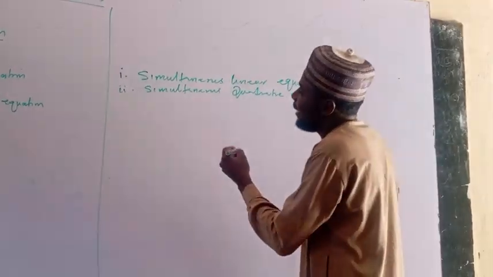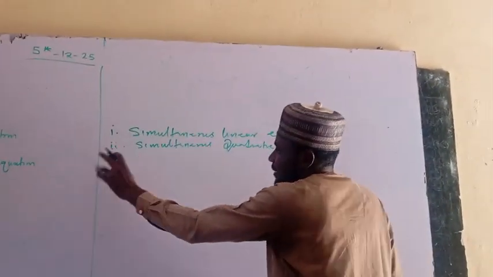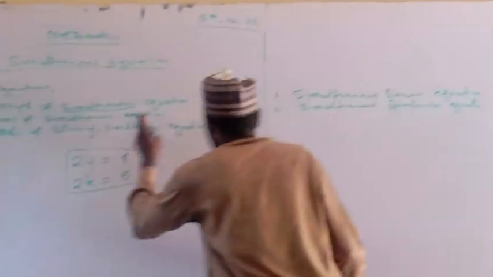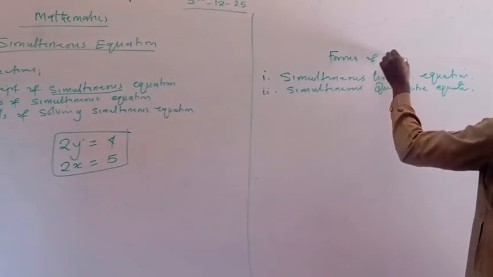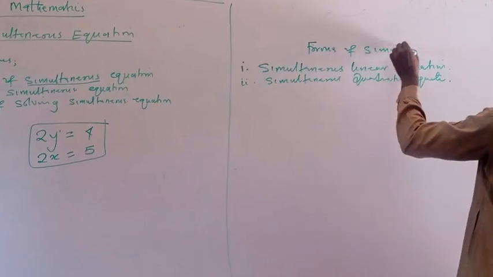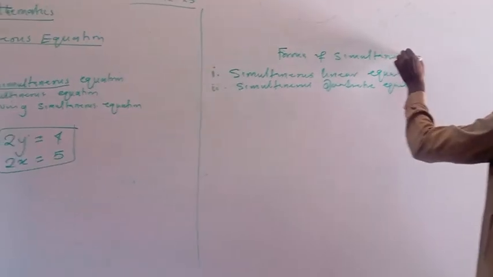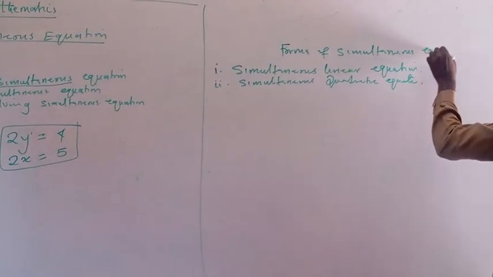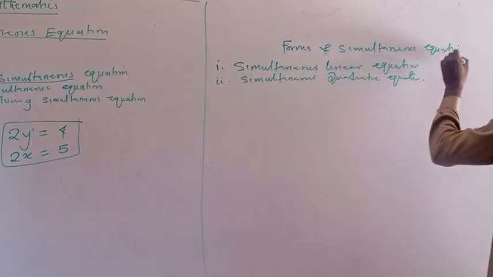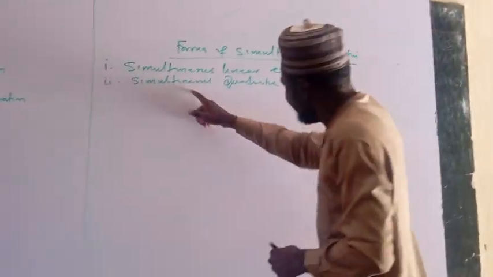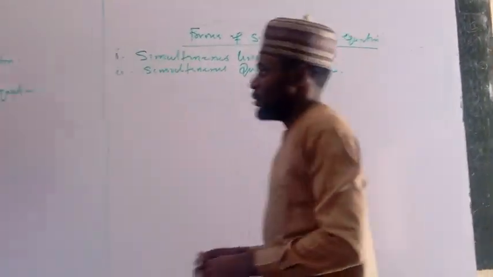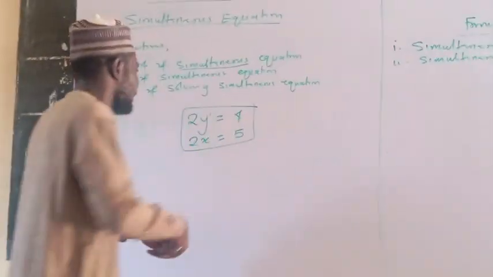Now, like I said earlier, the forms of simultaneous equation are simultaneous linear equation and simultaneous quadratic equation. I'll repeat myself again.